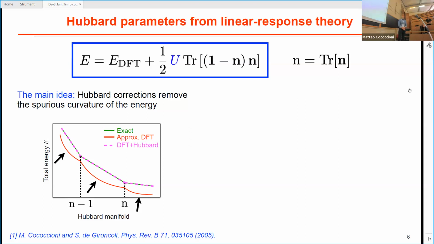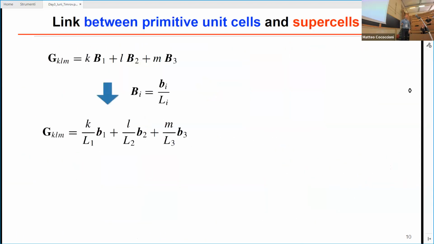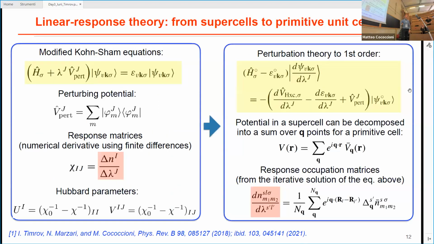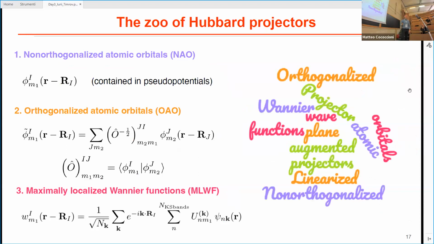My question is regarding the projectors. Is there a strong reason you think that, I mean, are there systems with crazy hybridization where DFT+U+V using local atomic orbitals does not provide a good description?